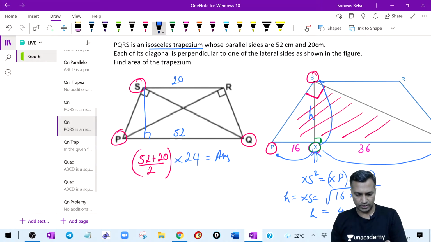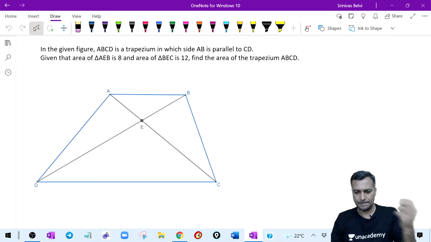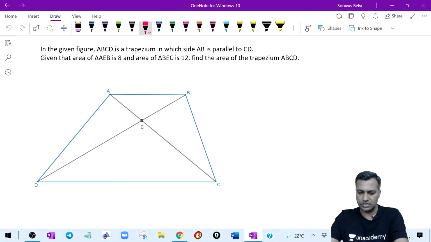Okay, cool. All right, let's go to the next one out here. Trapezium. I'm spending a little time on trapezium. Go ahead. ABCD is a trapezium in which the sides AB and CD are parallel. Yeah, take a minute. Interpret this question.